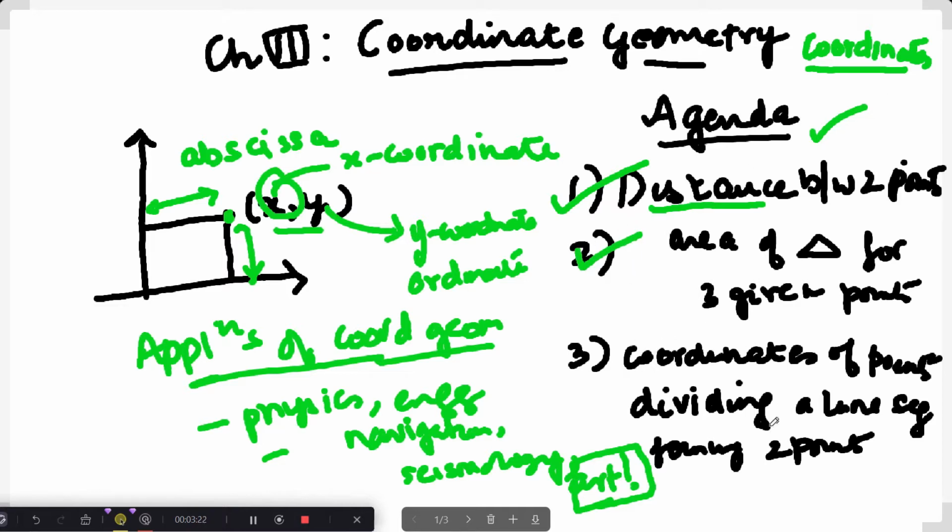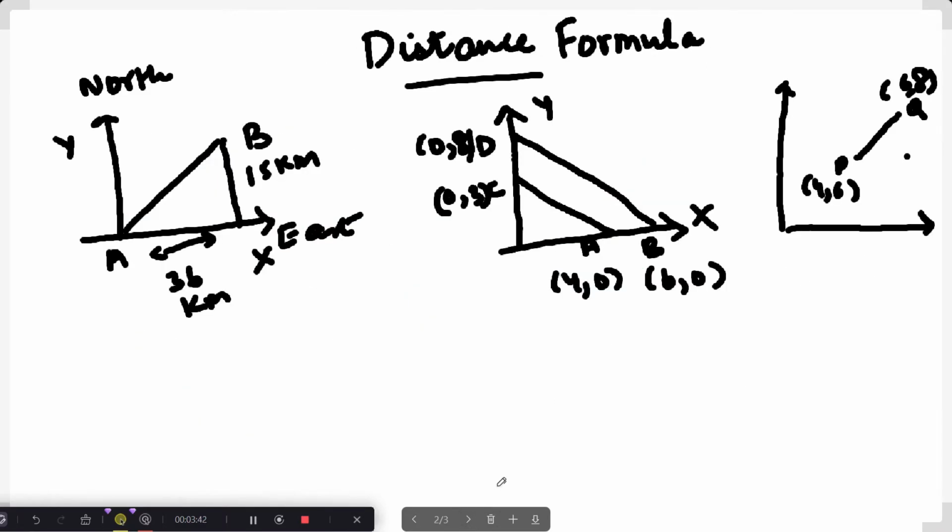Now it could also be the reverse, that we are finding the coordinates of a point. So there's a line segment AB, we know the coordinates of A and B, and we have to find the coordinates of a third point which is on this line segment, right? So these are the 3 topics that we're going to study in this chapter.